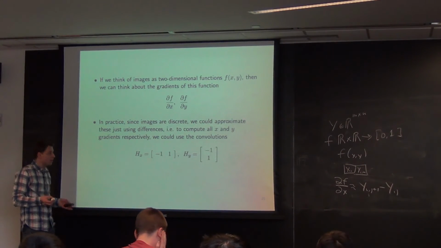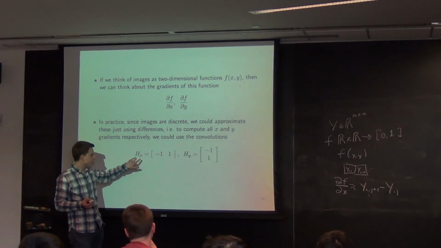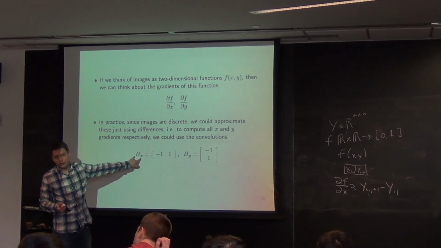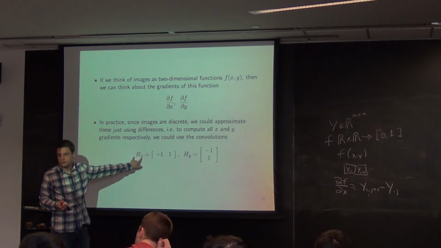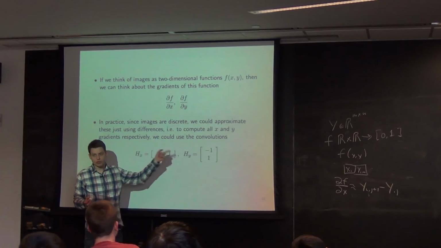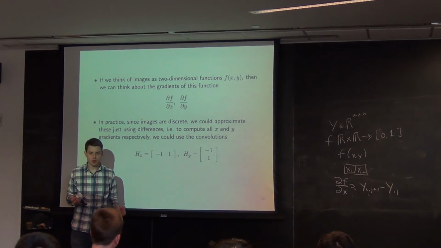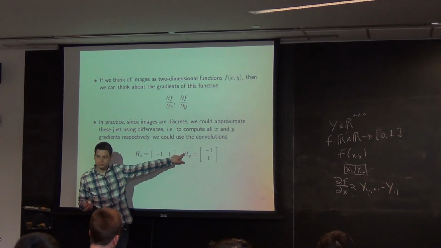So one way of writing this is that the difference is something like a convolution of this very simple operator here with the whole image. We take this thing with -1 and 1, and we convolve it with the whole image, and that is our x gradient. This would be the y gradient.